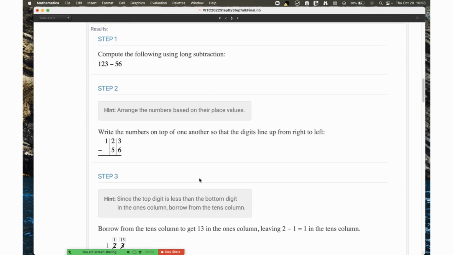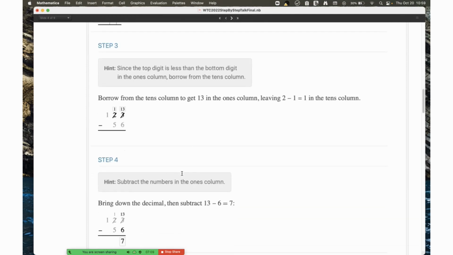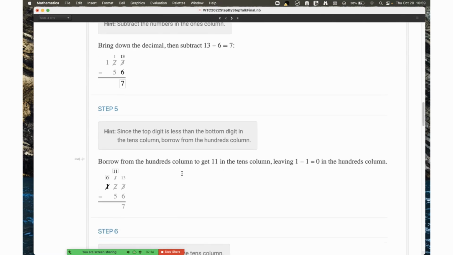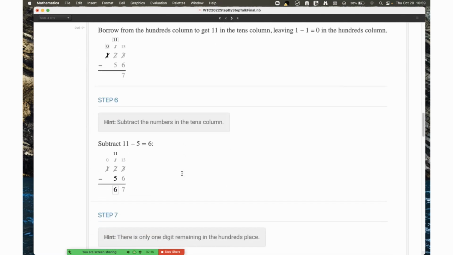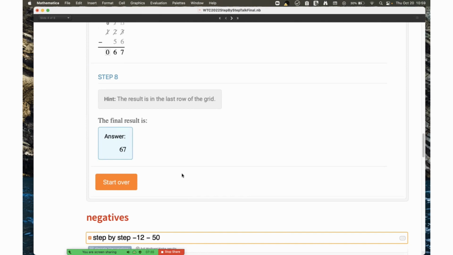Thinking about a potentially younger student or a teacher of younger students, it doesn't lead too many details, and works through one at a time to explain the borrowing using the place value language, and so on and so forth until we arrive at an answer. And there we have a long arithmetic of whole numbers.